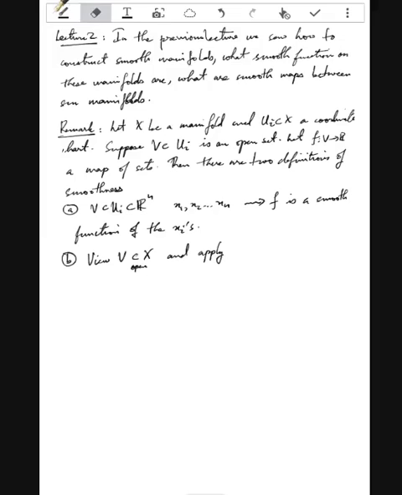Okay, so let me not write like this. Let U_j, y1, y2 up to ym be a coordinate chart, be any coordinate chart.